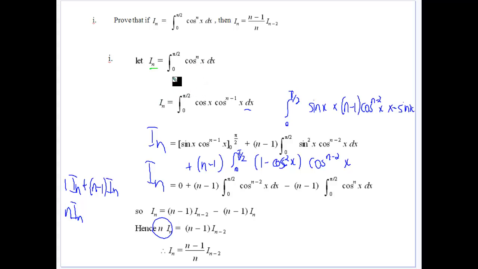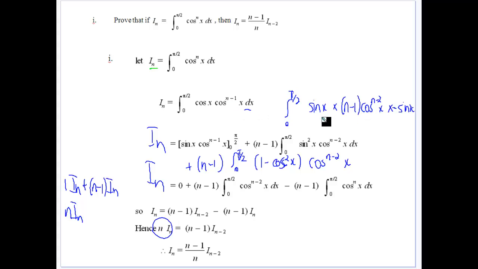So, we have the integral between 0 and pi on 2 of cos of x to the power of n. We want to integrate this by parts, so we're going to break it down to cos of x and cos of n minus 1 x. So we'll integrate our first, leave our second. So that's where we get that part in there. And we're going to differentiate our second.